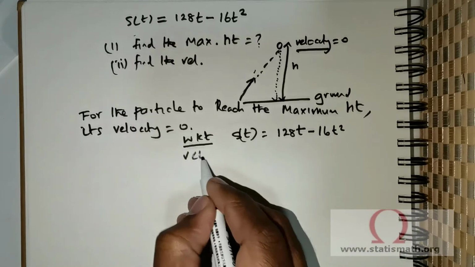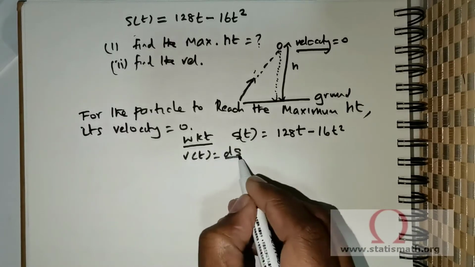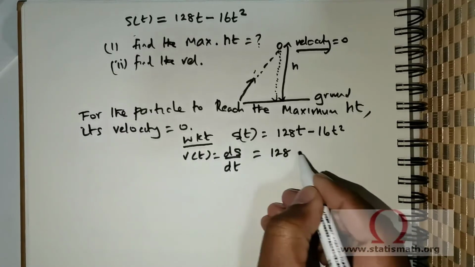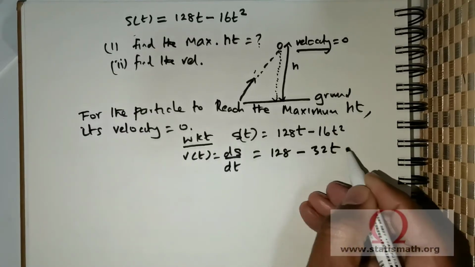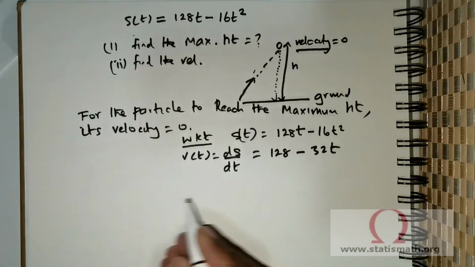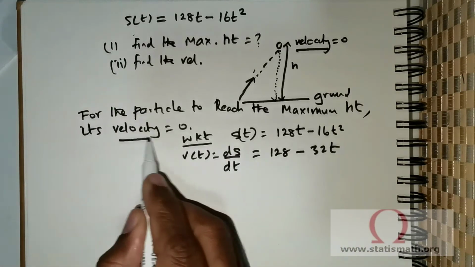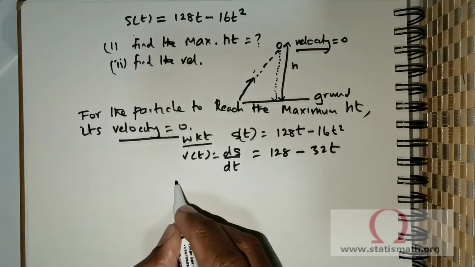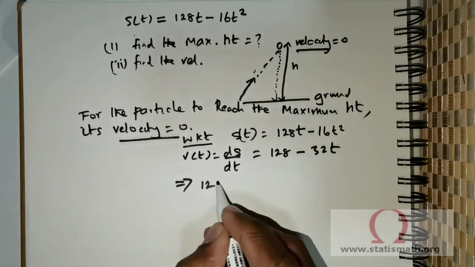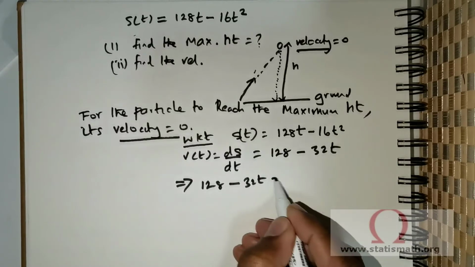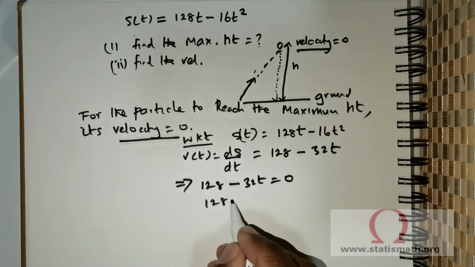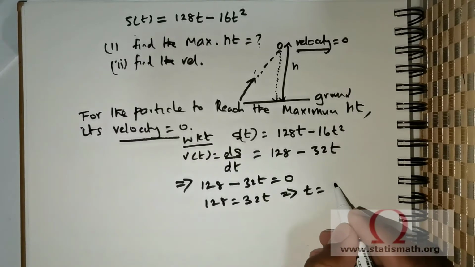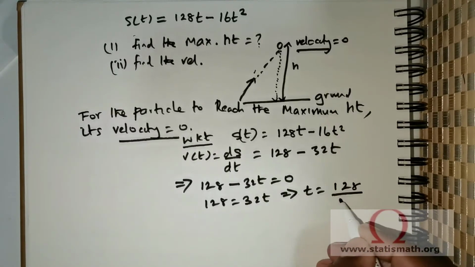Now v of t is found by ds over dt, by differentiating this quantity. So that's going to be 128 minus 32t. This is my velocity. Since velocity has to be zero for maximum height, we take this equal to zero. So 128 minus 32t is equal to 0, which means 128 is equal to 32t, which in turn implies t is equal to 128 divided by 32.